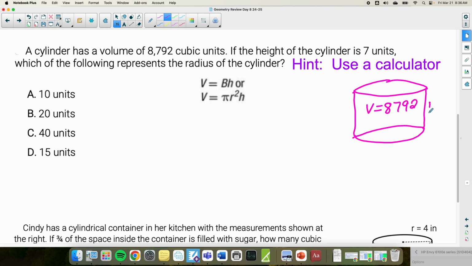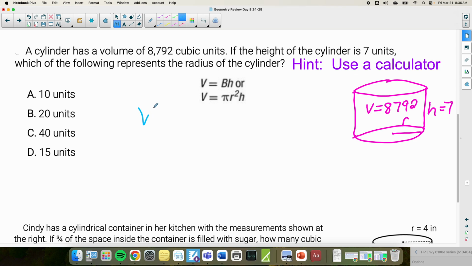They tell us our height is 7. And which of the following represents the radius of the cylinder? So this is different because we don't know what the radius is, but we have to find what the radius is. Okay?